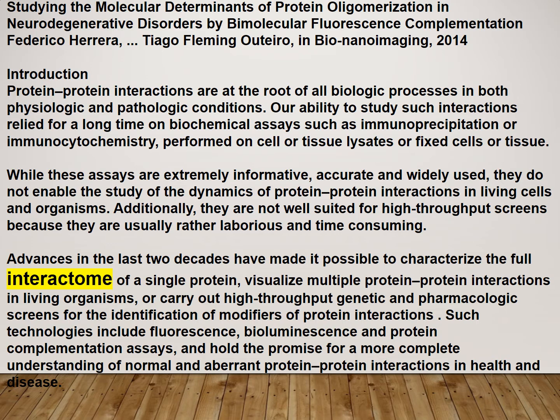So besides the biochemical assays and precipitations, there are new techniques that involve fluorescence, bioluminescence, and protein complementation. And so we're trying to move from cell lines and in vitro back to the animal. So we've come full circle and realize that's where we're going back.